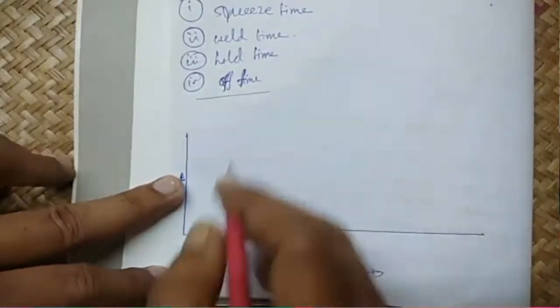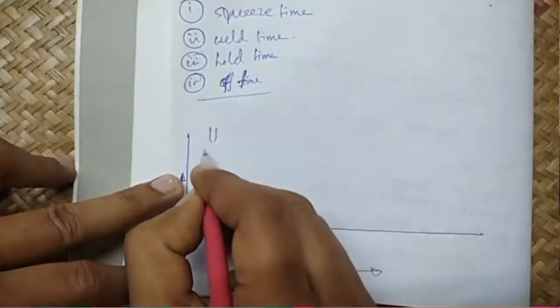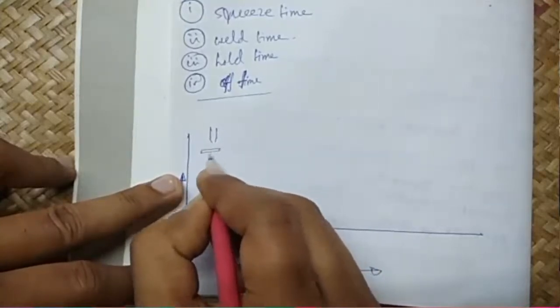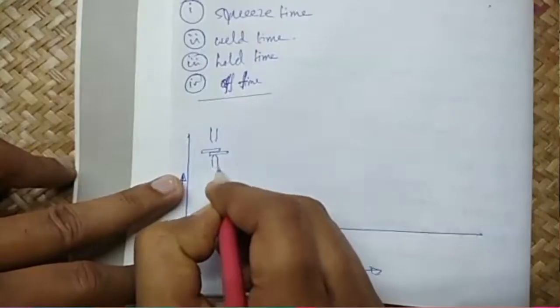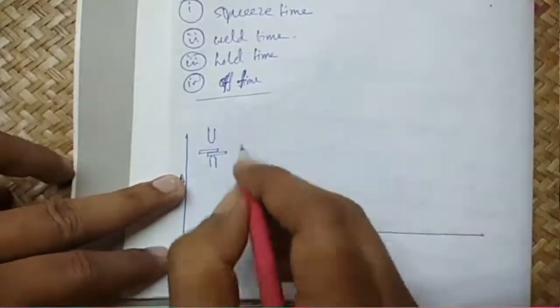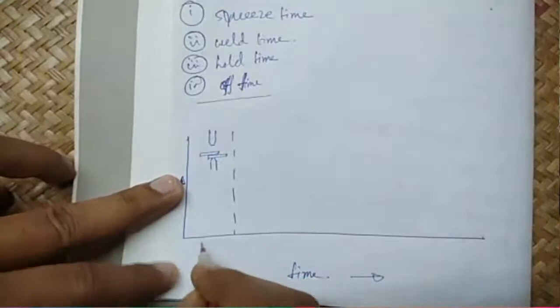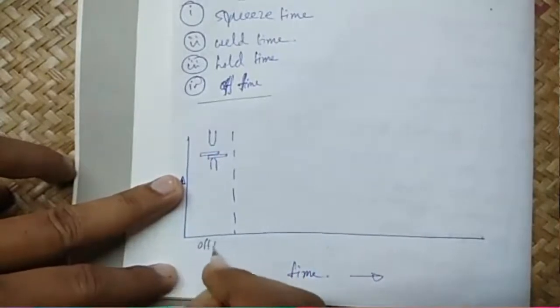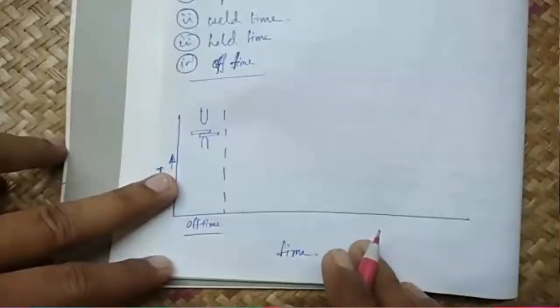Now, when the electrode is not touching the job, in this case the upper electrode is not touched, then it will be off time. Initially it is off time.